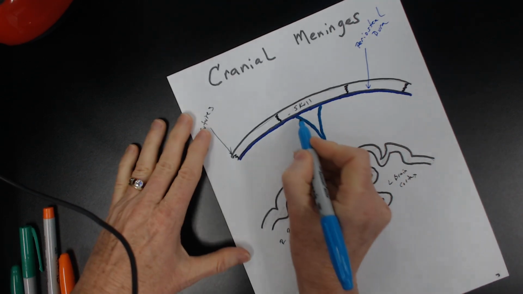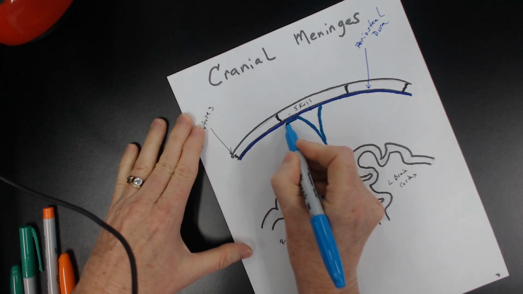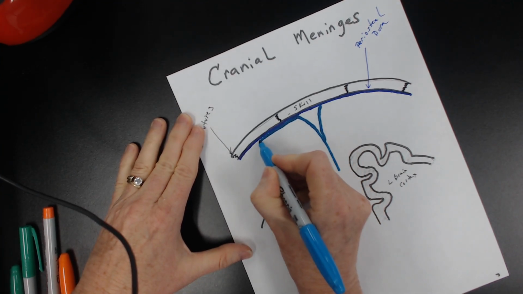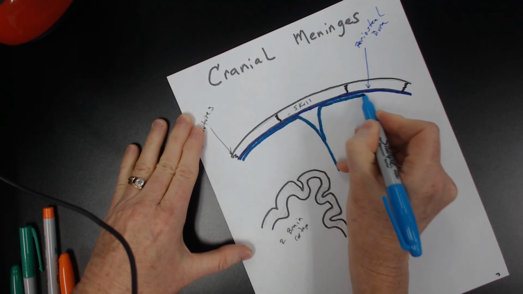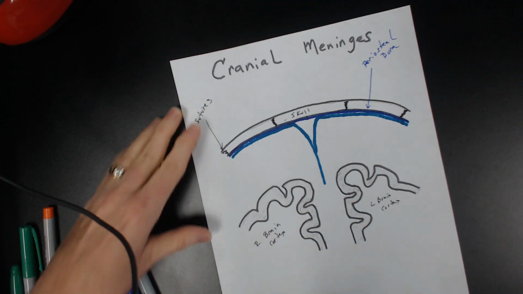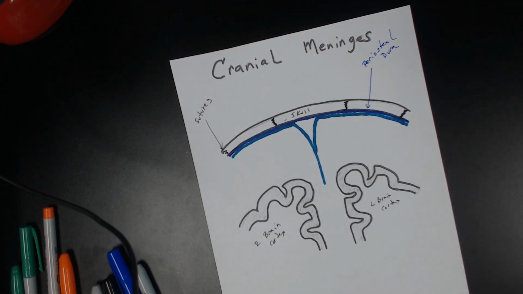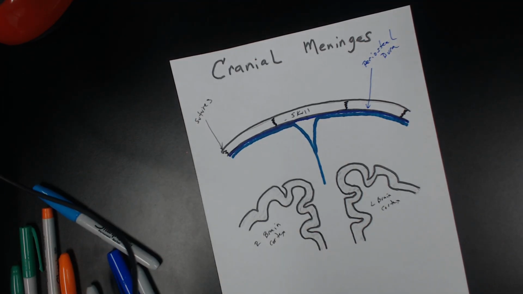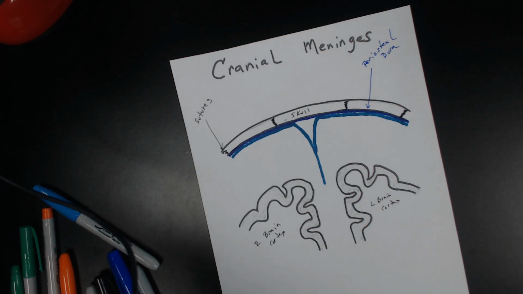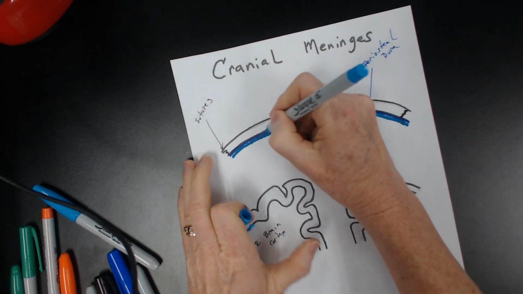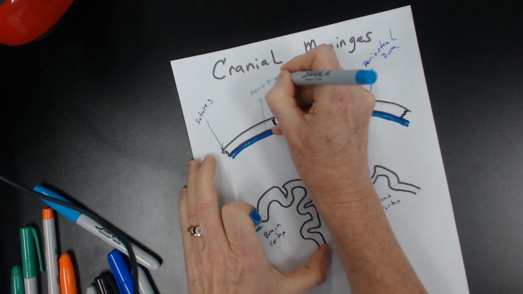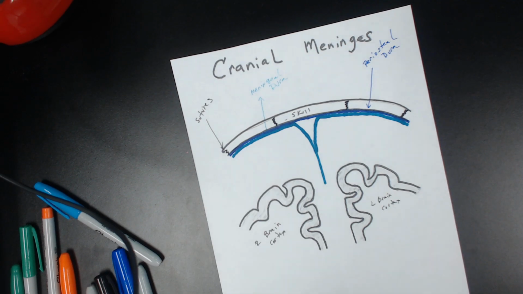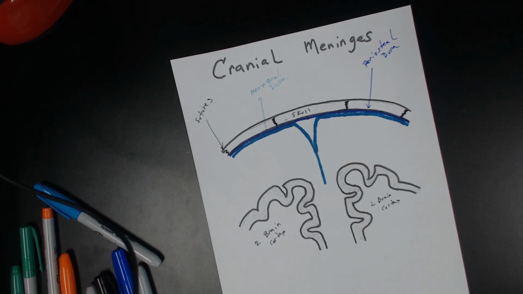So this is going to be your meningeal dura layer, directly underneath the periosteal dura layer.